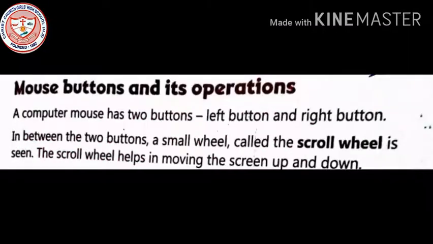Now let's get started with our new portion, that is mouse buttons and its operations. See in your book, a computer mouse has two buttons on it, that is the left button and the right button.